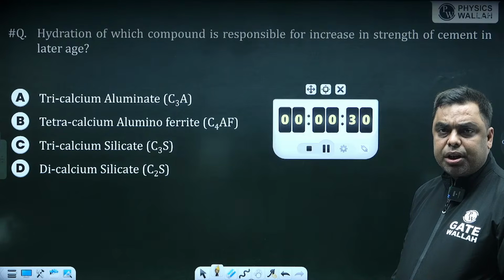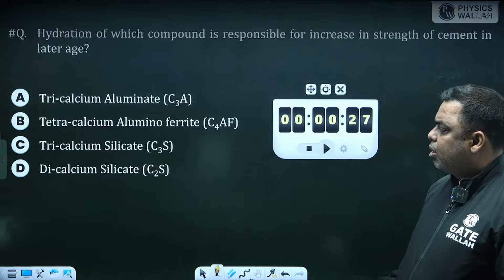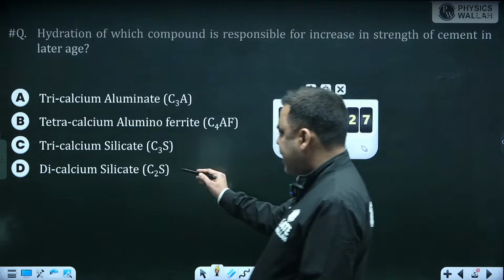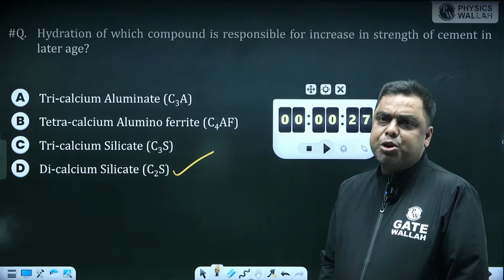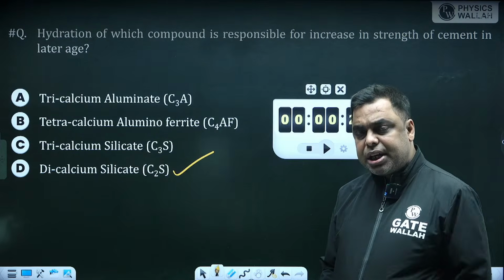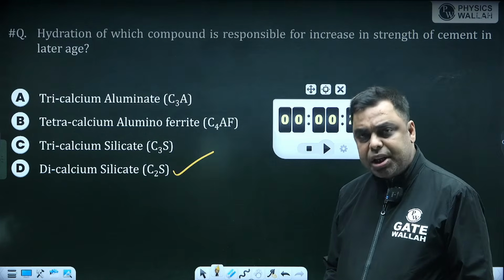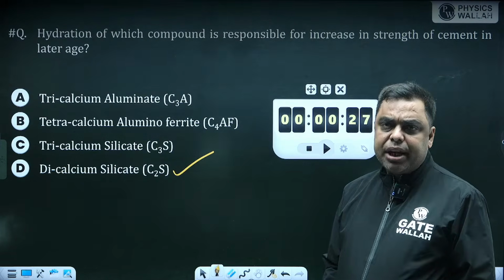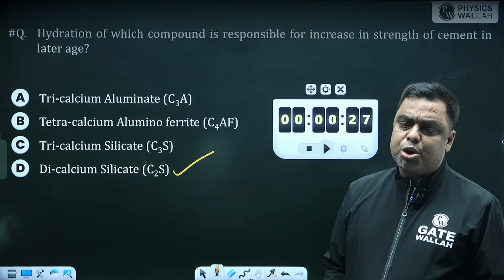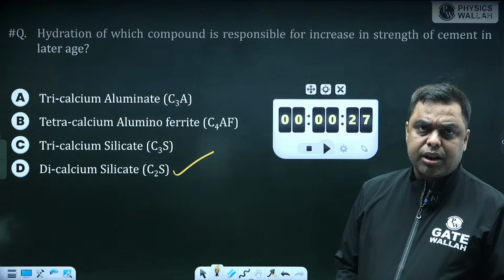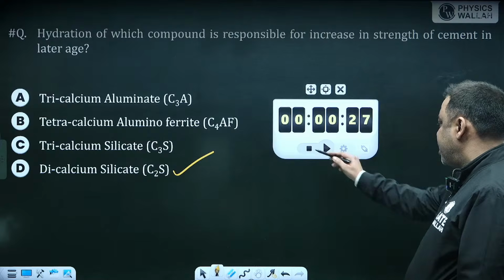Gaurav ji, KK ji, very good. The answer would be dicalcium silicate, C2S. Tricalcium silicate is responsible for the initial stage, for early strength, that we say 7 to 28 days, or rather 14 days. C3A and C4AF do not contribute to the strength. Right? So this is also done.